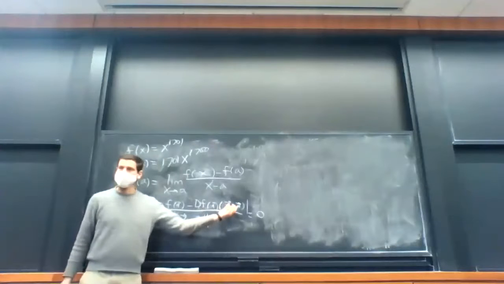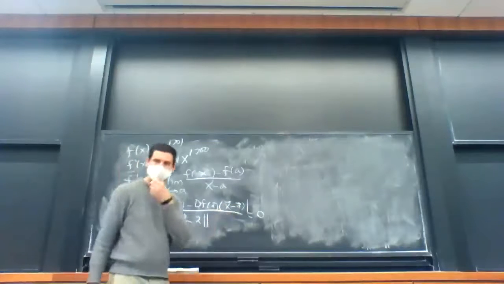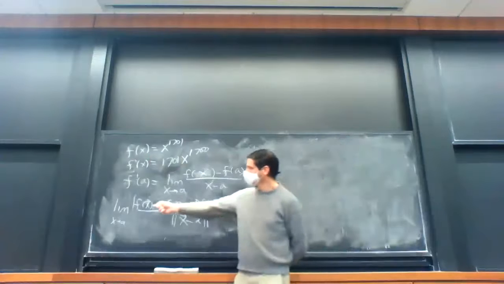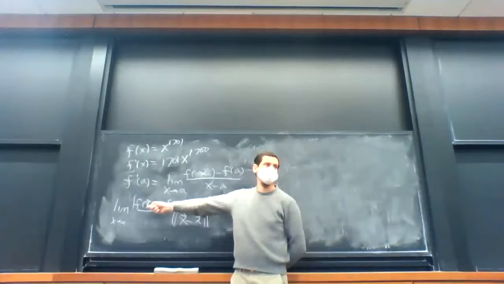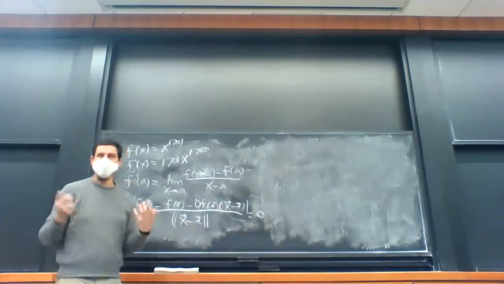Now, what kind of quantity is x minus a? It is small, but what kind of quantity? It's a vector. What kind of quantity is f of x? We have a function of several variables. What is the output?